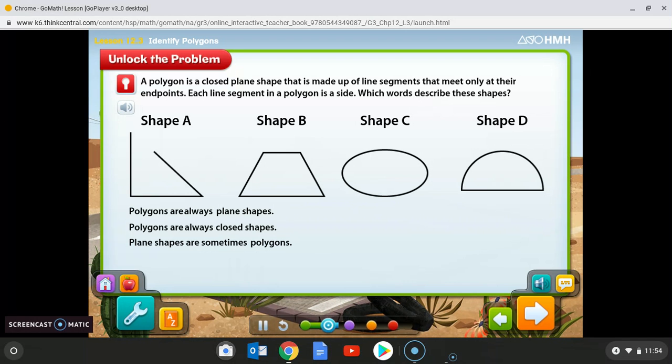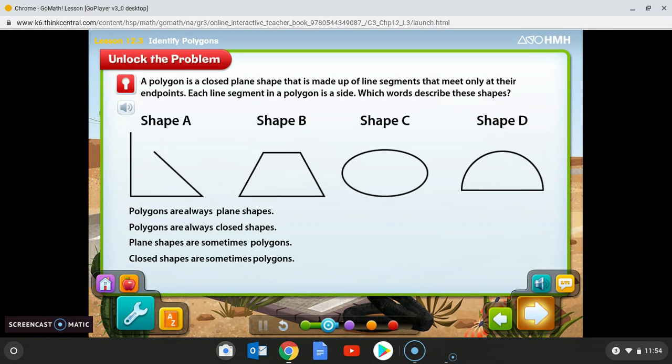Closed shapes are sometimes polygons as well, because this is closed and this is closed, but they're not polygons. The reason they are not polygons is because they have curves.